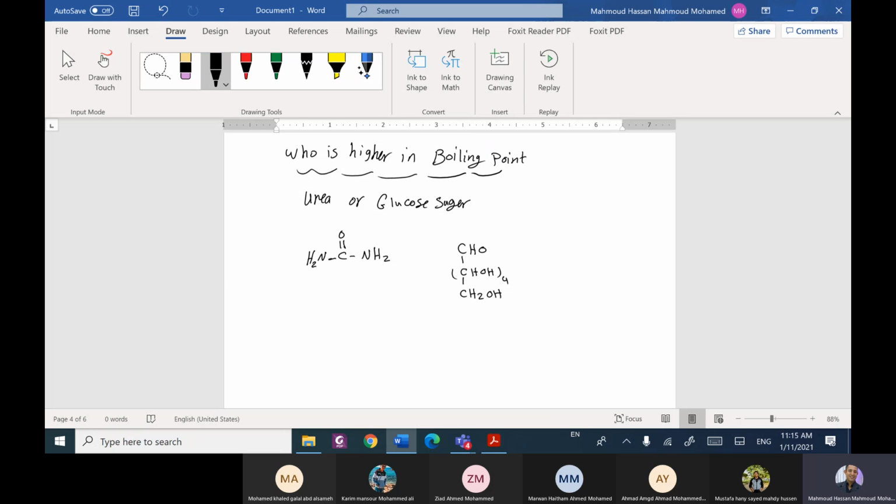We'll find, return back to the molar mass since they are covalent compounds. Nitrogen equals 14, carbon equals 12, oxygen equals 16, hydrogen equals 1. For the molar mass of urea, we have 12 for the carbon atom, 16 for the oxygen atom, 2 nitrogen atoms so 2 multiply 14, and 4 multiply 1 for the hydrogen, represented as the molar mass in gram per mole.